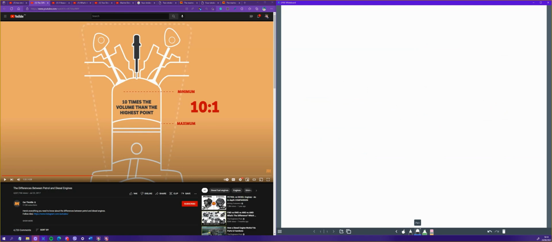Gawin natin siya itim. So, pag sinabi mo compression ratio, tapos meron din tayong tinatawag na stroke mamaya. Kaya siya stroke, di ba? 2-stroke and 4-stroke.